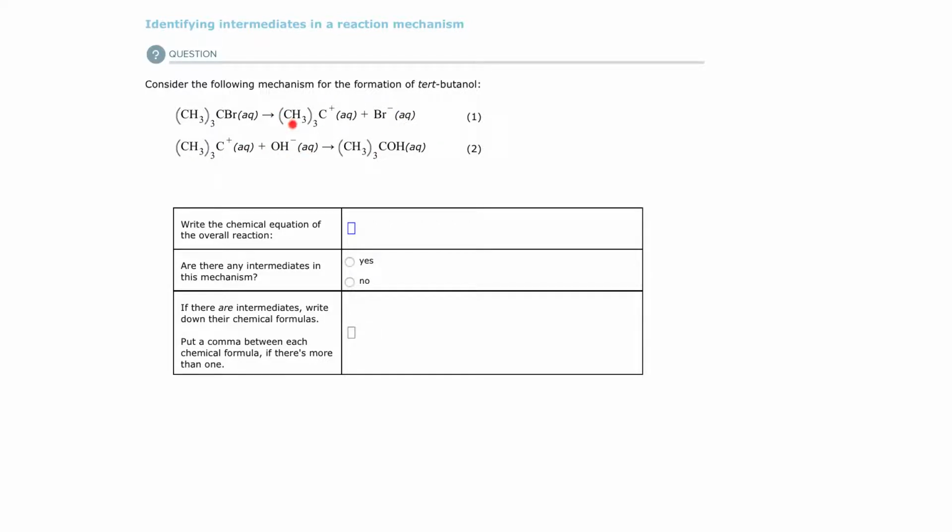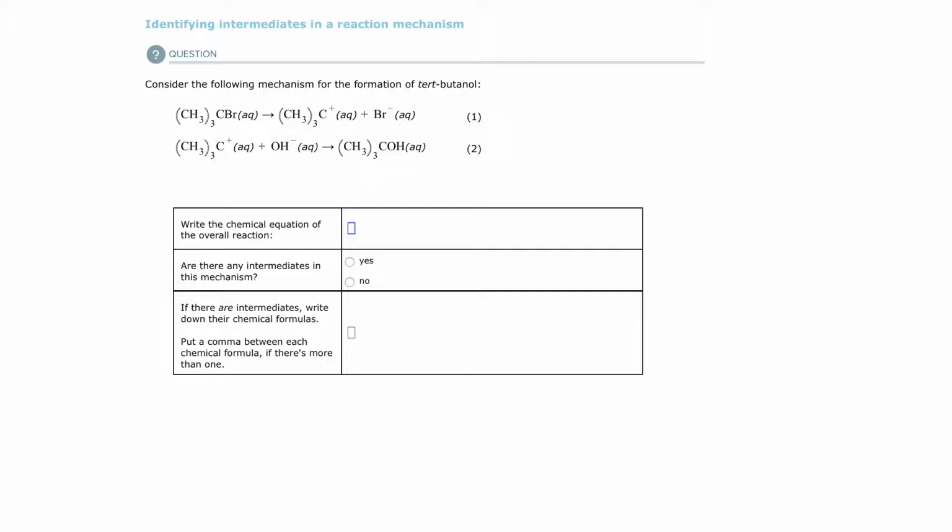It then reacts with hydroxide in the reaction vessel to form a product. Well, your intermediate is whatever is in the products of your first step and the reactants of your second step, but you don't see it anywhere else.